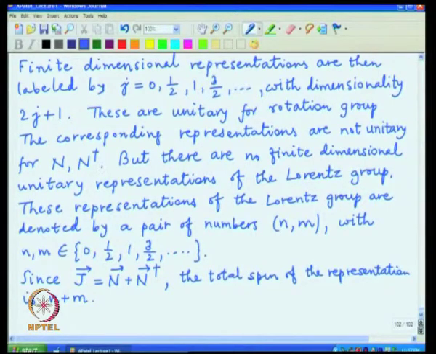So, that is one useful criterion which we are familiar with in non-relativistic physics.